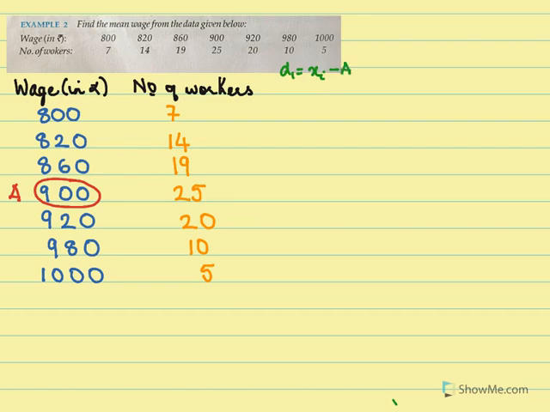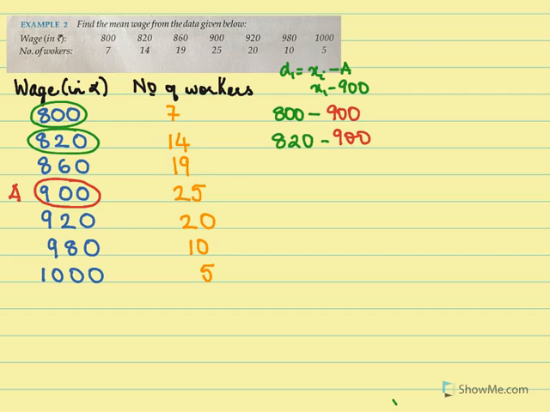So in this case, every reading xi we subtract from 900, because we took the assumed mean as 900. So in the first case, we have 800. So this 800 we will subtract from 900. In the next, our reading is 820. So 820 we subtract 900.